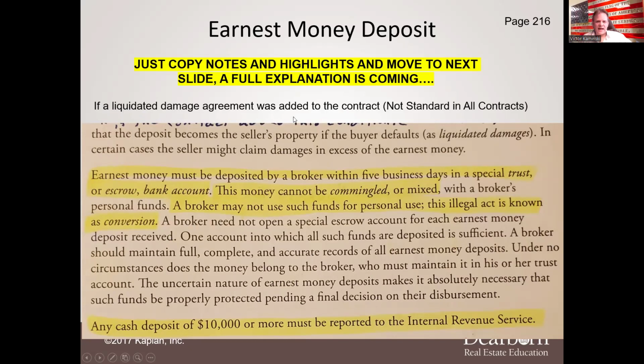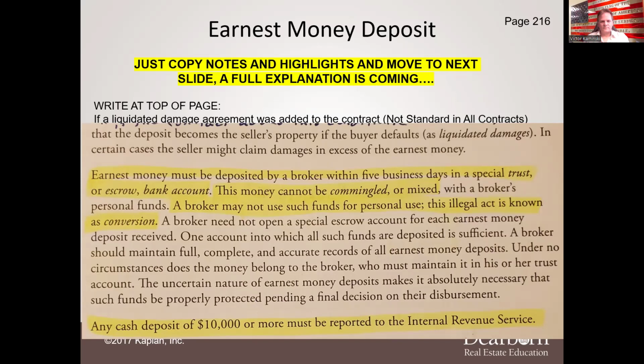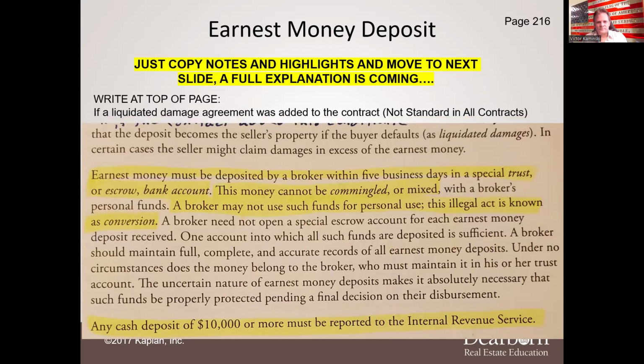If a liquidated damage agreement was added to the contract, it's not standard in all contracts. Done. Got it.